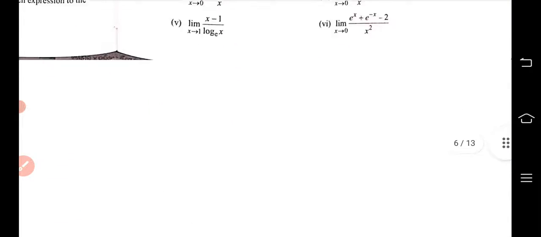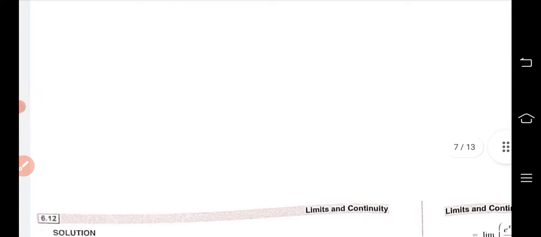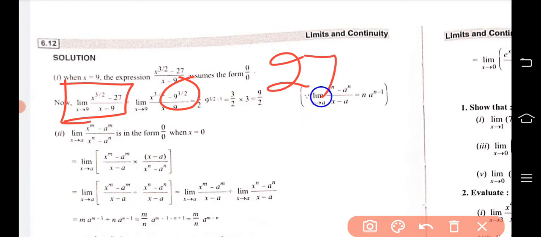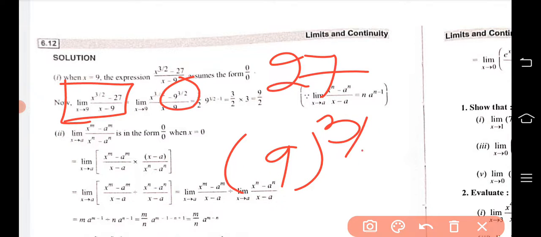Clear? So let's see here. The question is given in this way, and we have to calculate this. I have already told you that in place of 27 we can write 9 to the power 3 by 2. Clear?